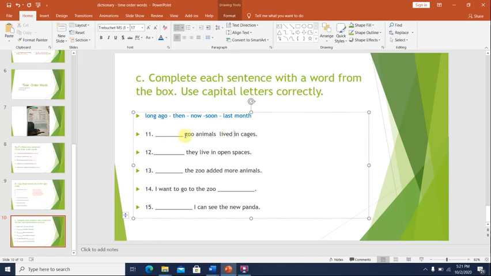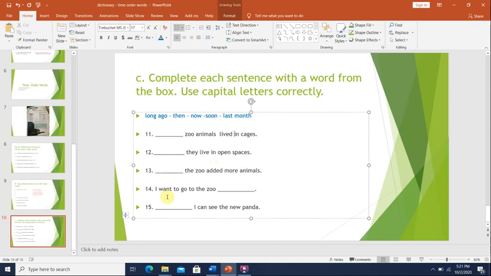So which word can we use? Which time order word can we use to complete the sentence? Let's read them all first so we can make sure. 12. They live in open spaces. 13. The zoo added more animals.